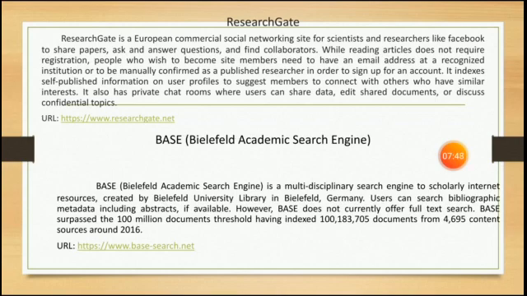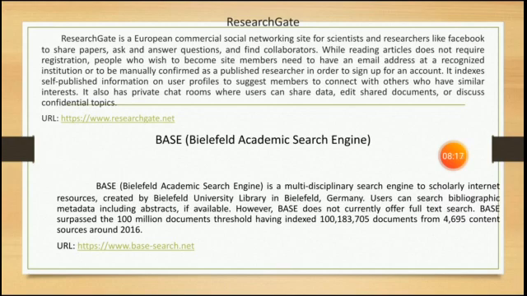It automatically suggests members who are in your field of interest, which will be helpful for further research. It also has private chat rooms where users can share data, edit and share documents, or discuss confidential topics.